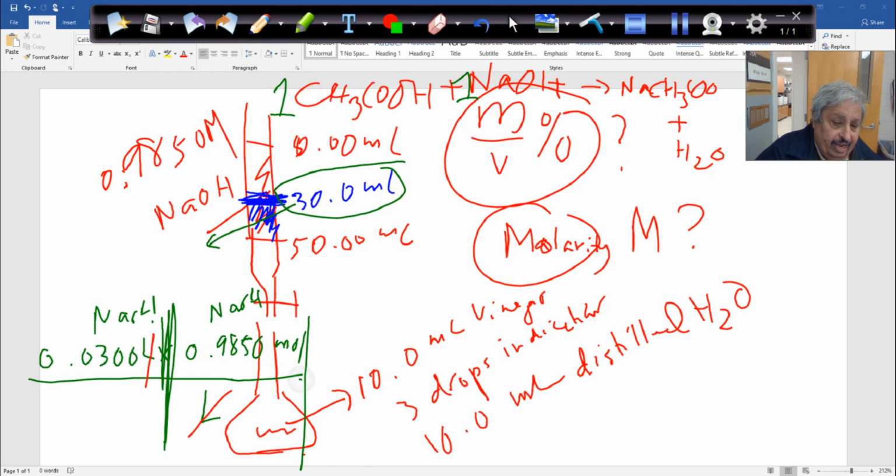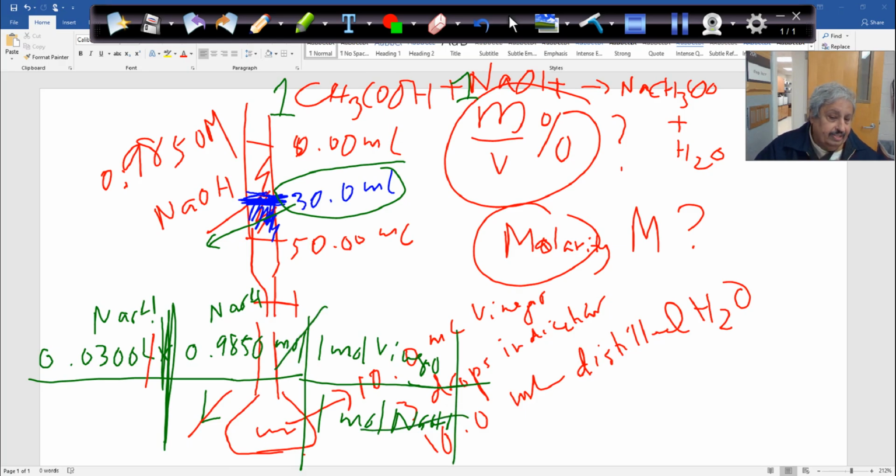So 1 mole of vinegar will stand for 1 mole of what? Of sodium hydroxide. So mole sodium hydroxide with the mole sodium hydroxide cancels out. Okay, now transfer the whole thing to mole of vinegar, correct?